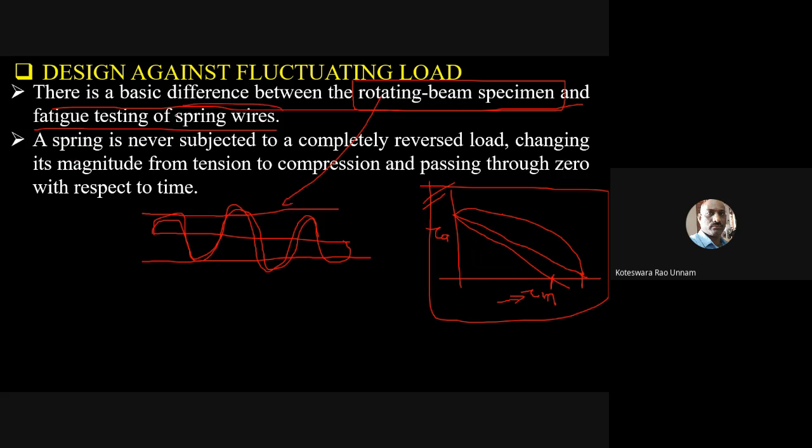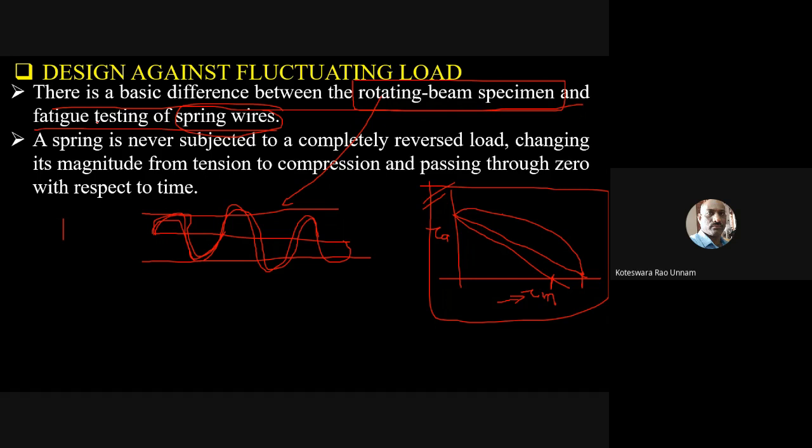Whereas the springs are subjected to either compression load or tension load, not both. Your rotating beam specimen is subjected to both compressive and tensile stress, whereas the springs may be subjected to either tensile or compressive load only. If I take a helical compression spring, it can take only compressive load. If I take a helical tension spring, it will take only tensile load.